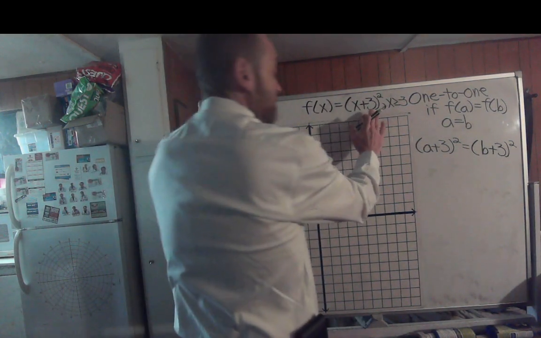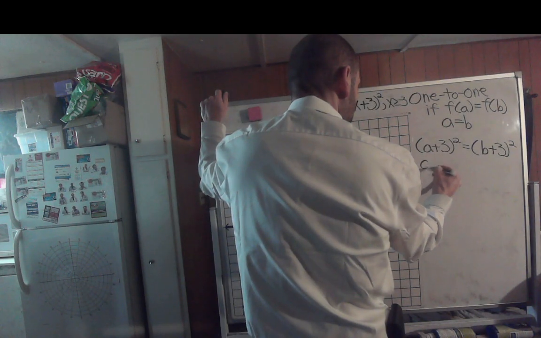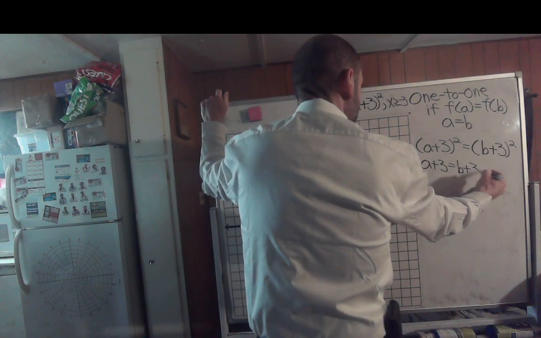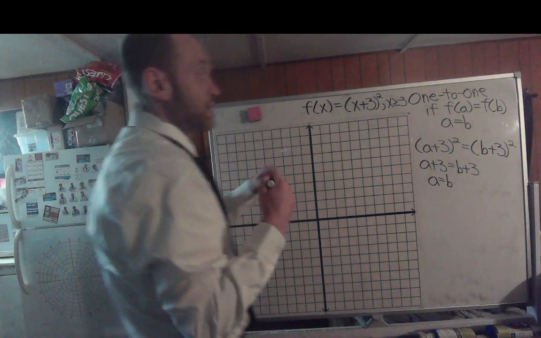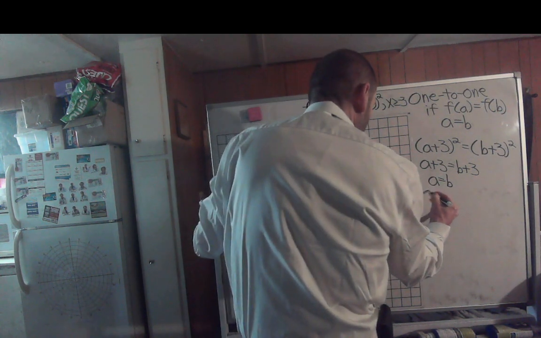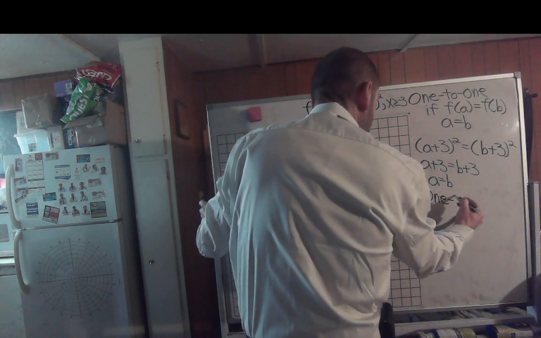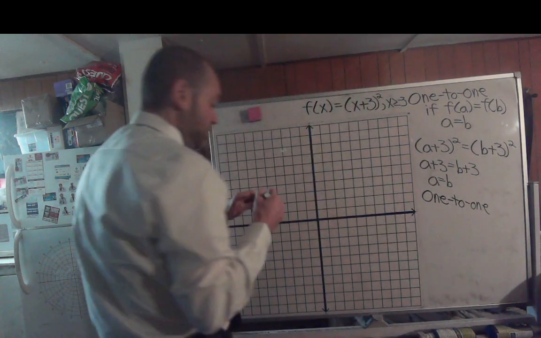And since we're going to the right of the vertex, you're going to take the positive square root of both sides. So you would end up getting a plus 3 equals only b plus 3, which would mean a equals b. Since you've restricted the domain, it would be, in fact, 1-to-1 for just that piece. Now, as a whole, this function's not 1-to-1, but just for that piece, it is.